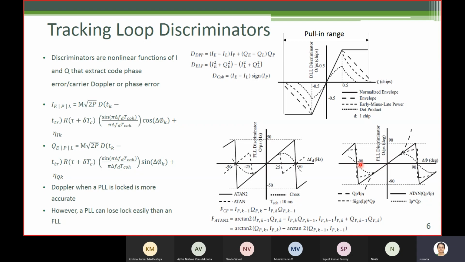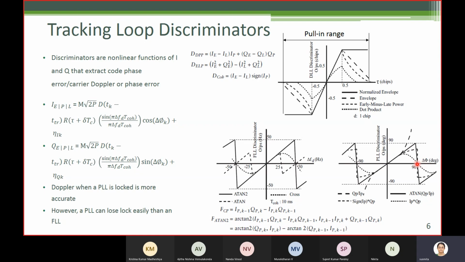And what is the pulling range here? The pulling range, or the linear range, for some it is the same as the linear range, is within plus minus 90 degrees. Within half a cycle, plus minus, within a quarter, not half. Plus minus 90 degrees means within a quarter cycle.